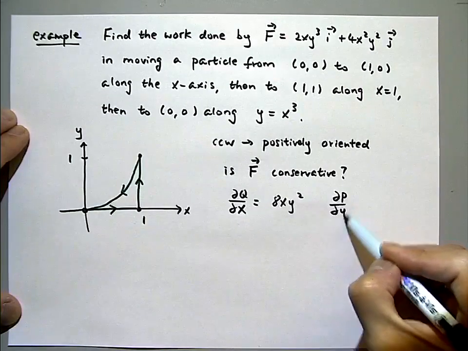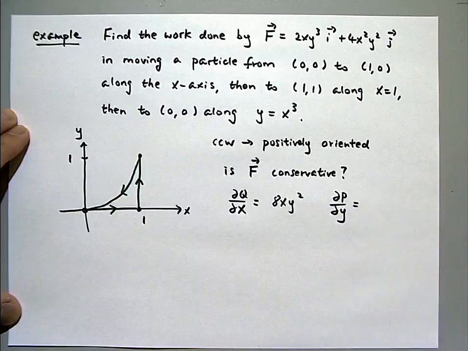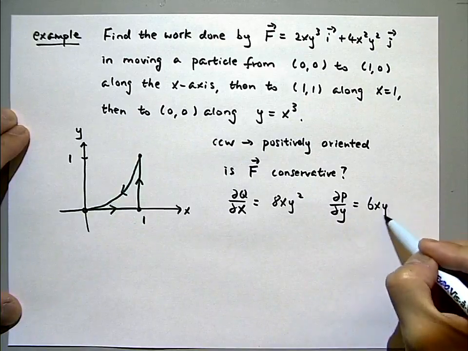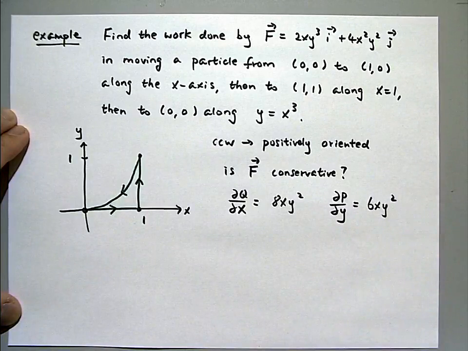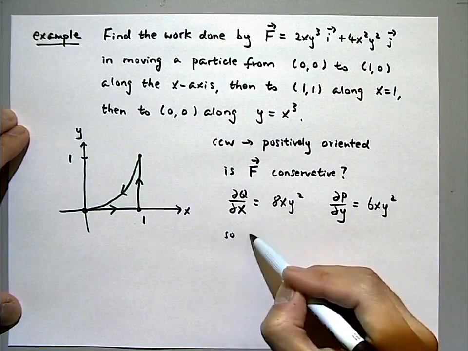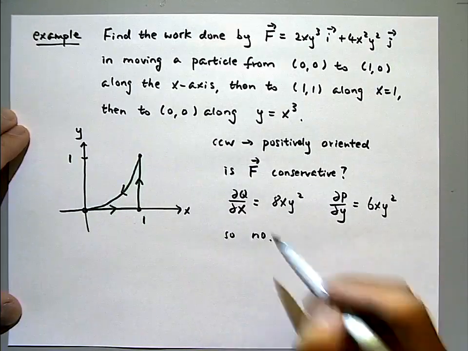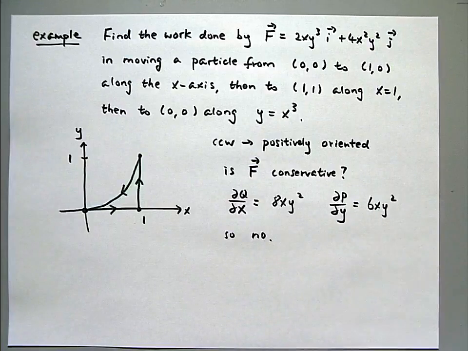Partial P, partial y is 6xy squared. So it's not conservative. That's okay. Then we just have to apply Green's theorem now.